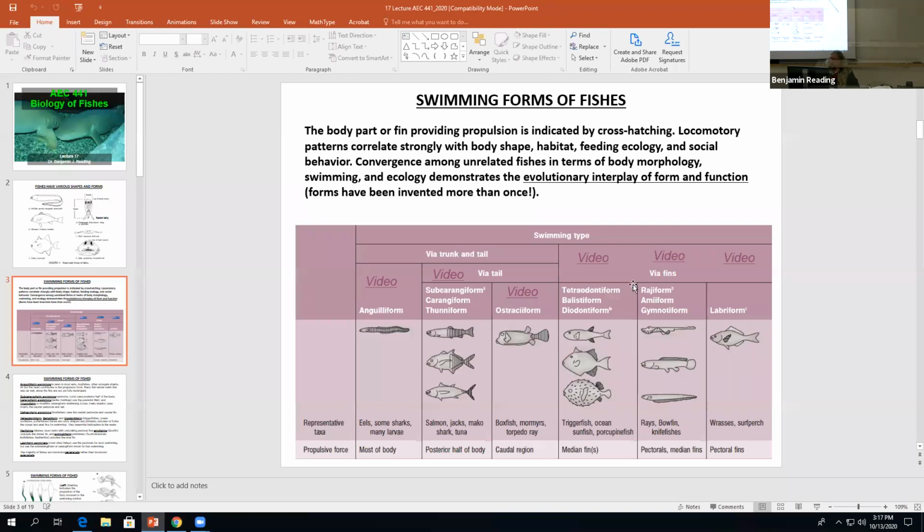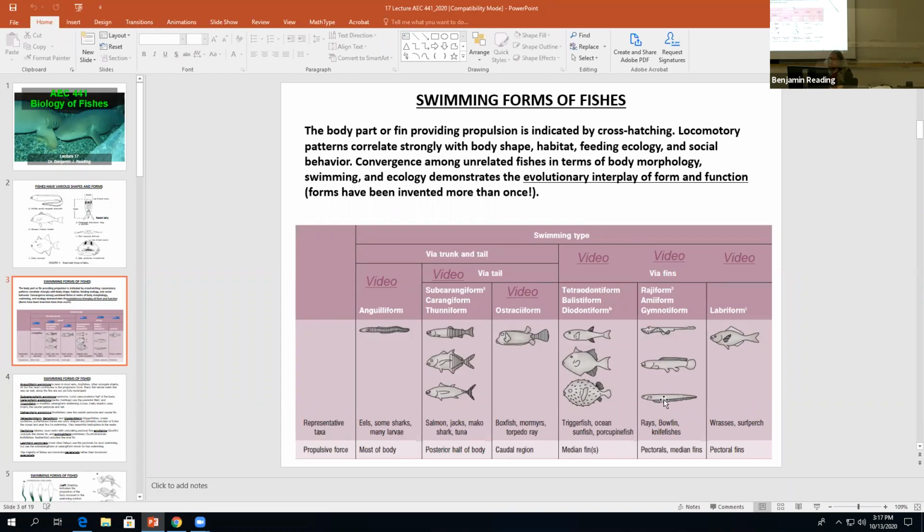Now, when we talk about undulation of fins, we've got the rajiforms, which sort of use their pectoral fins. Really, I mean, the stingrays, the rays have a ray-like body, so they're kind of unusual. I would just group them in their own category.